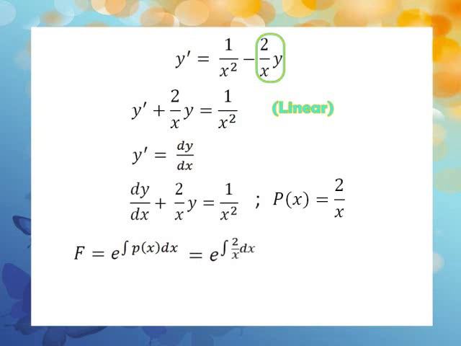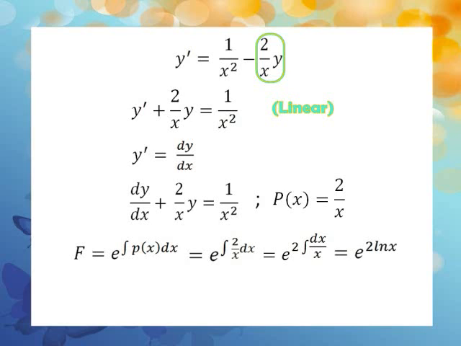So we have f is equal to e to the integral of 2 over x dx. We take 2 out of the integral, and so we are left with f is equal to e to the 2 times the integral of dx over x. The integral of dx over x is ln of x.